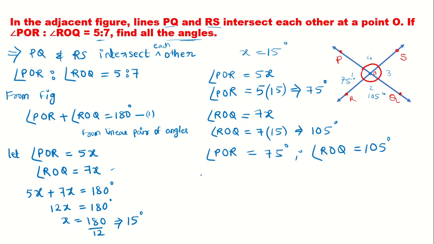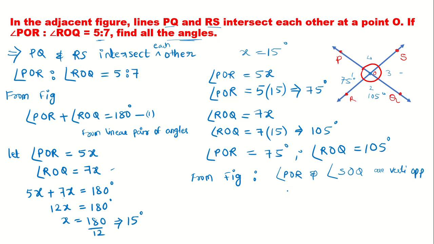Now, from the figure, quickly tell me which are vertically opposite angles. Angle POR and which is vertically opposite to angle POR? It is angle 3, that is angle SOQ.